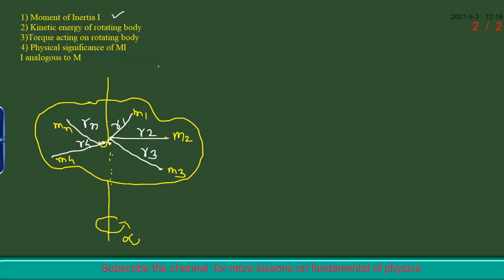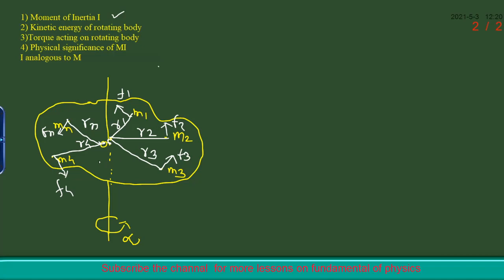Now see, when this body is rotating, a force acts upon every mass, that is F1 is acting on M1. Similarly, F2 is acting on M2, F3 is acting on M3, F4 is acting on M4, and last we can write Fn is acting on Mn.